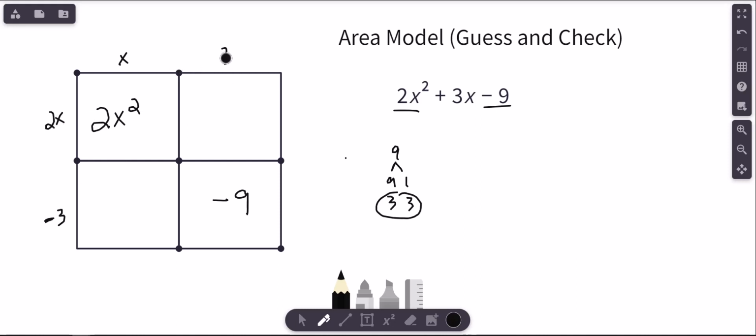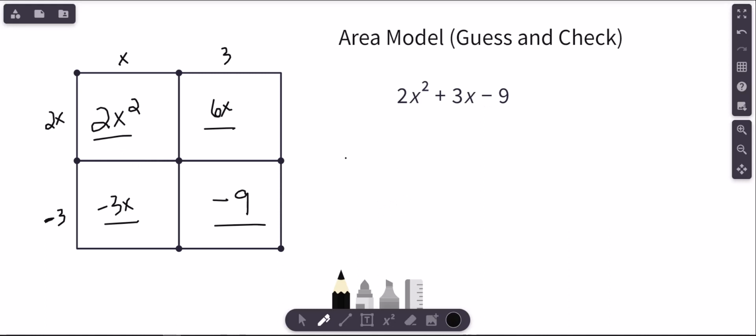2x times 3 is going to give me 6x. That's what's going to go on the bottom right there. x times -3 is going to be -3x. And so then what we want to make sure is that our expression on the inside right here matches what we have over here when I simplify it. So here we've got 2x squared plus 6x minus 3x minus 9.